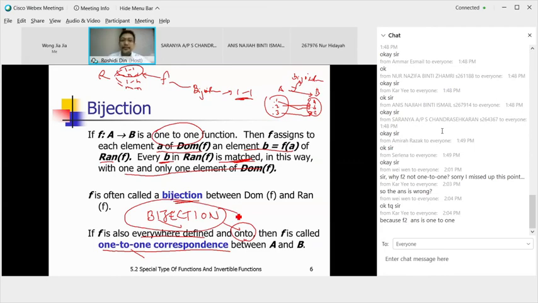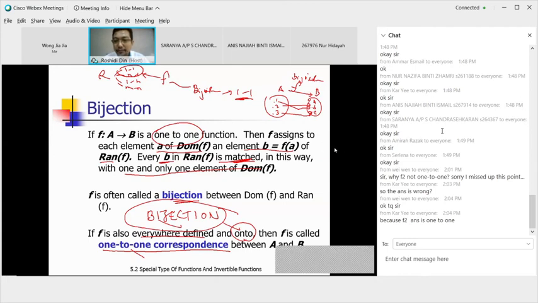Bijection means fulfilling all the conditions.